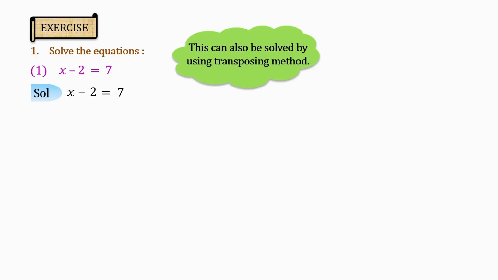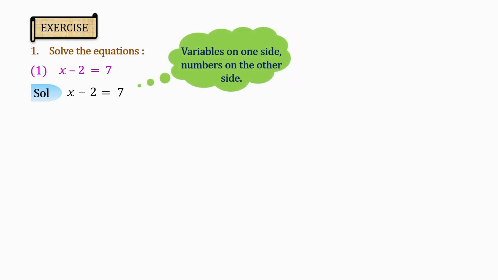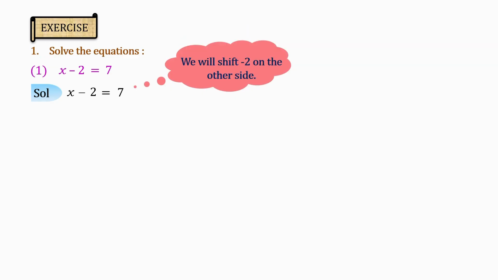Now let us solve this same equation using another method, that is called the transposing method. Variables on one side and numbers on the other side, that is the rule. So now we are going to shift minus 2 to the other side.